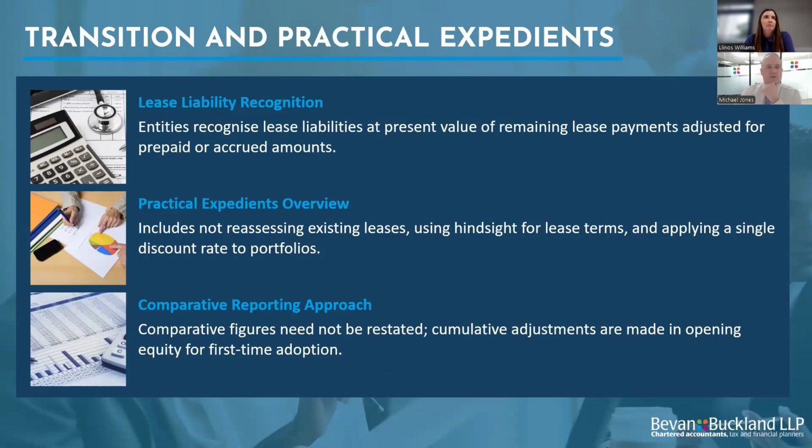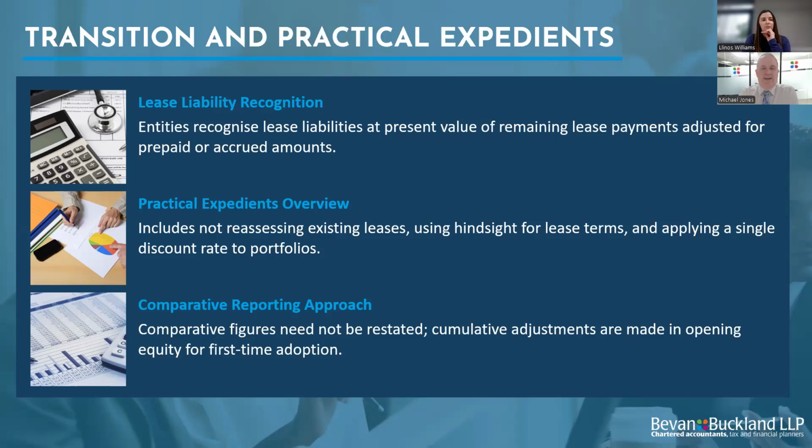So recognition. When it comes through, like mentioned earlier, it's present value with the lease payments, with any adjustments coming across. Practically, you haven't got to reassess them. You can use a little bit of hindsight. If you've got similar leases, you can combine them together and do a bit of a bundling exercise.